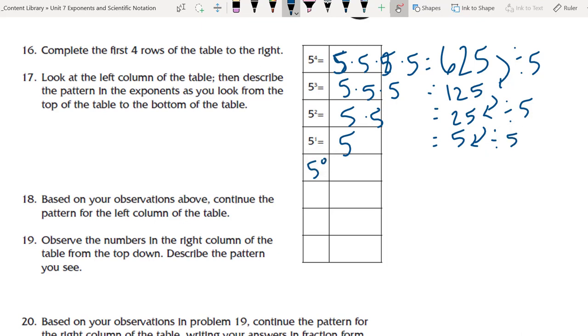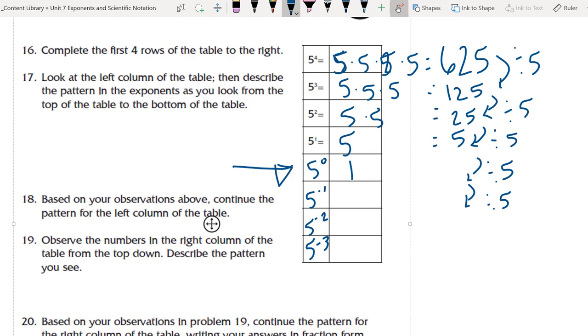So to get the rest of the table, we're just going to keep dividing by 5. So 5 divided by 5 is 1. Anything to the 0 power is 1. Divide by 5 again. That'd be 1/5.